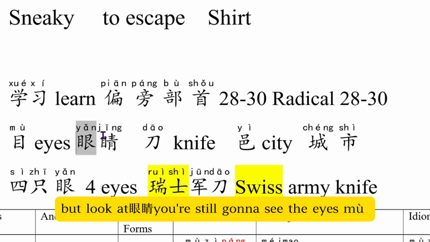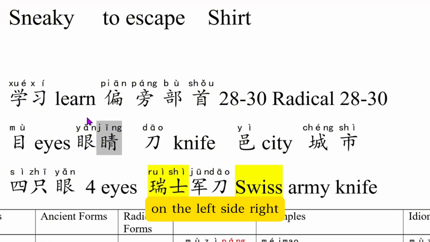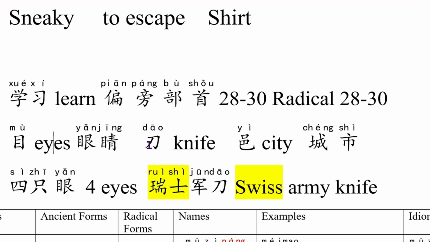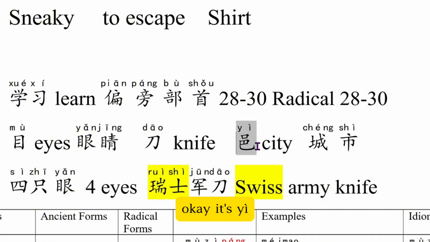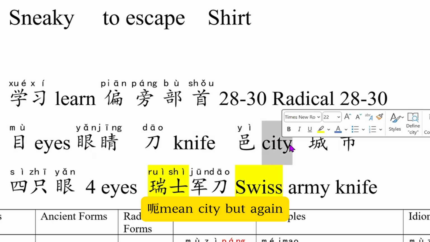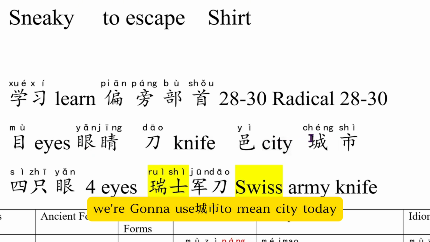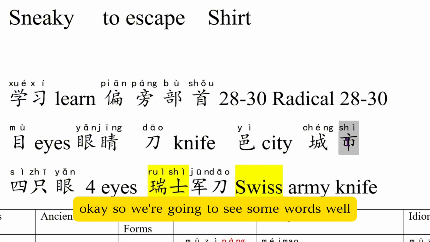But look at 眼睛, you're still gonna see the eyes, 目, on the left side, right? It becomes smaller. And 刀是什么？是一个 knife. 还有我们的 last one is the trickiest one, okay? It's 邑, means city, but again, it's a classical word, so we're gonna use 城市 to mean city today, okay?